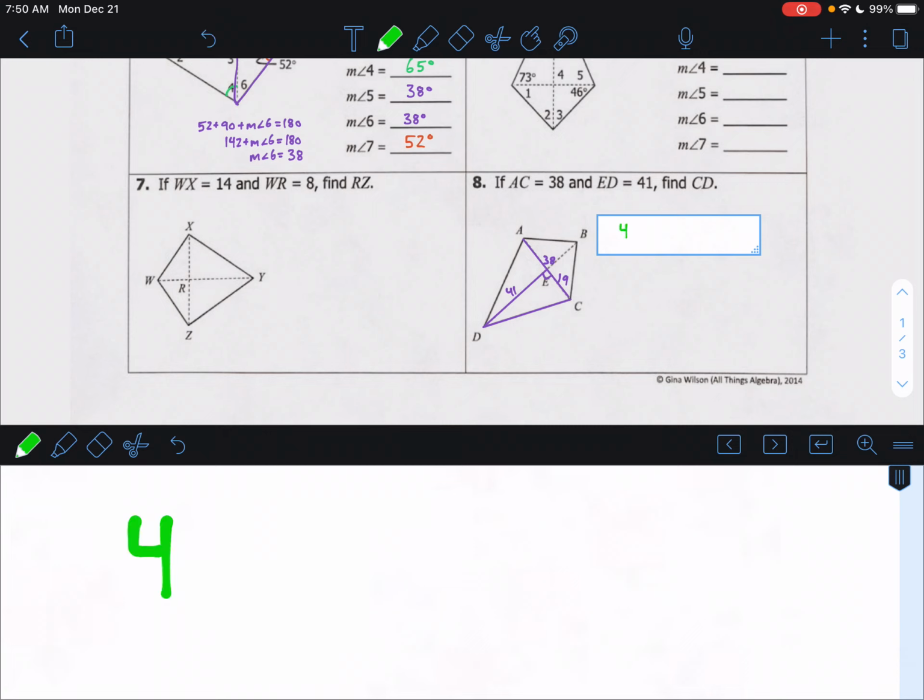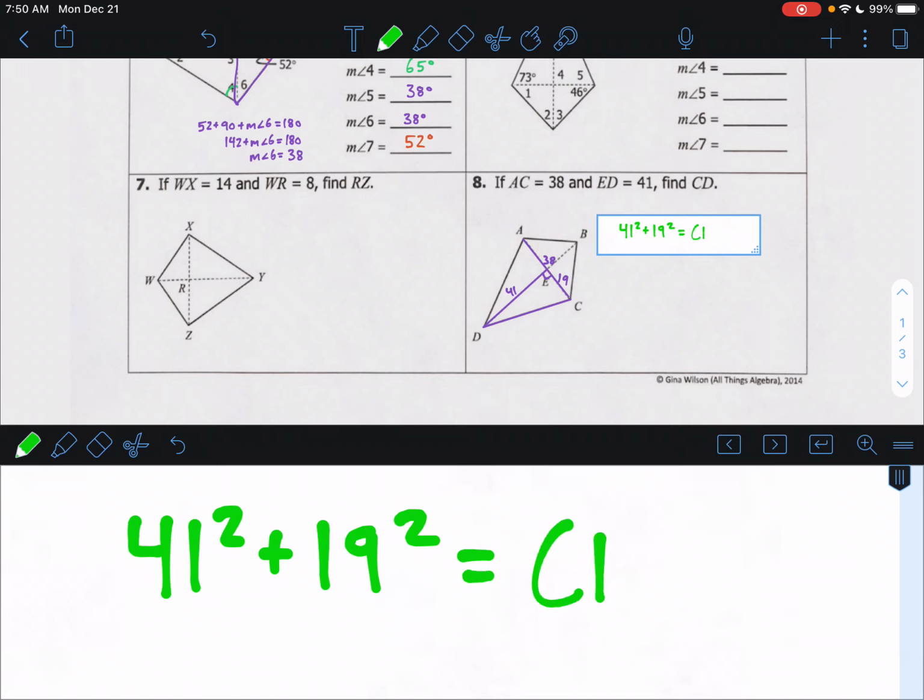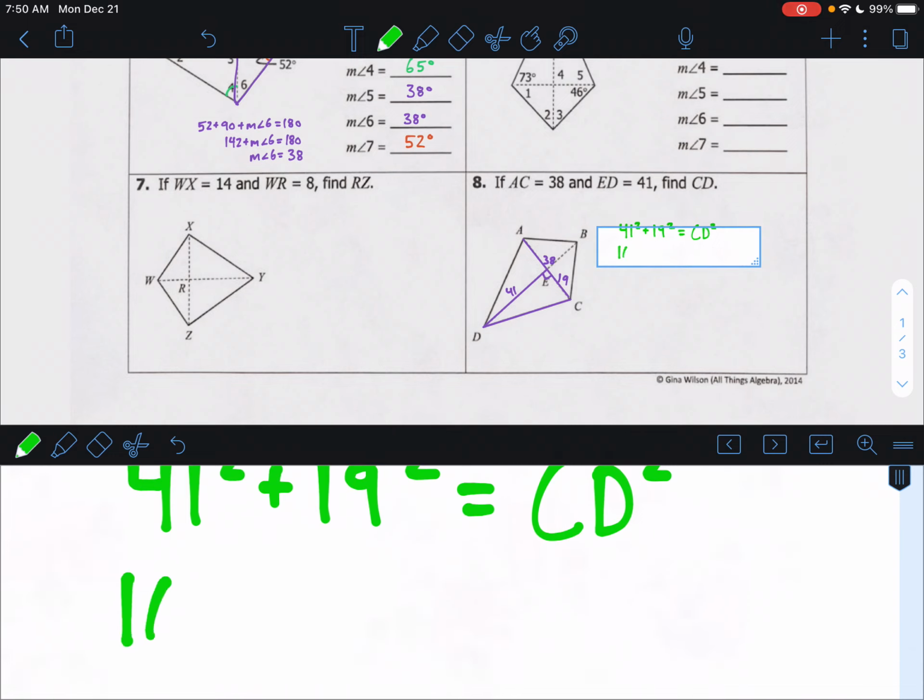So I'm going to say 41 squared plus 19 squared equals CD squared. Let's see, 41 squared is 1,681. 19 squared is 361.